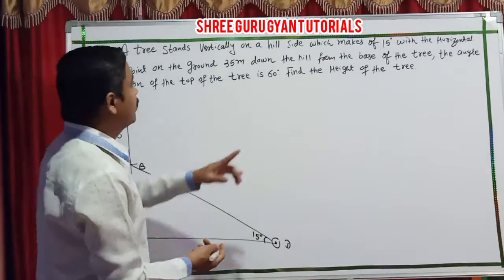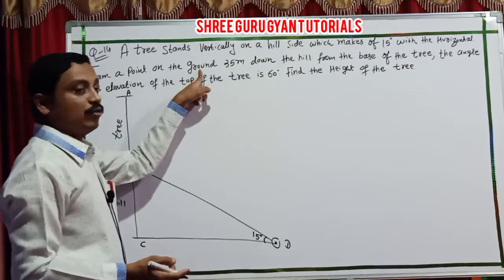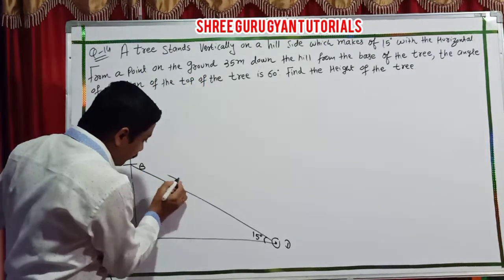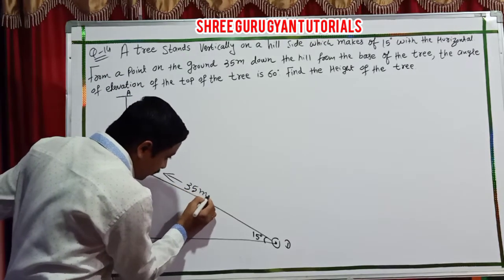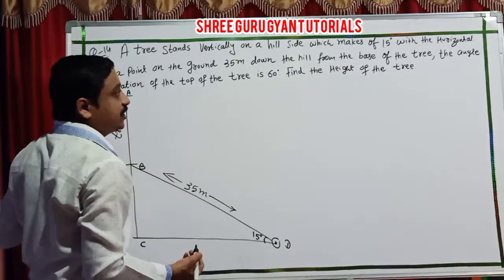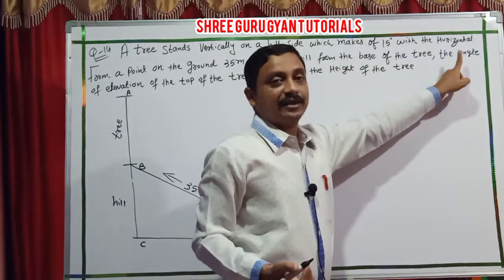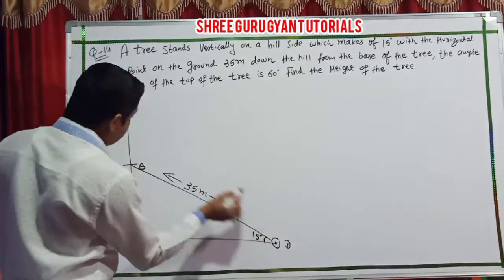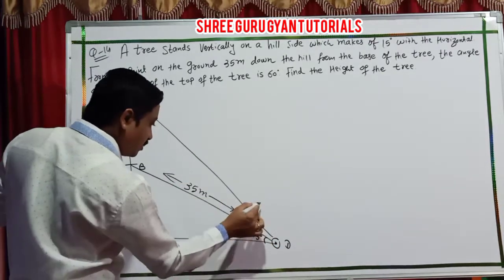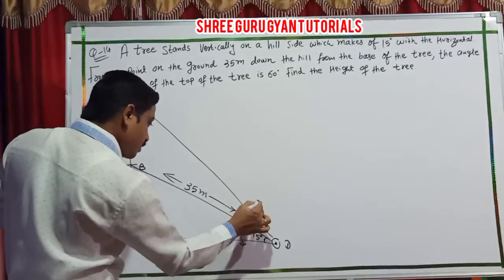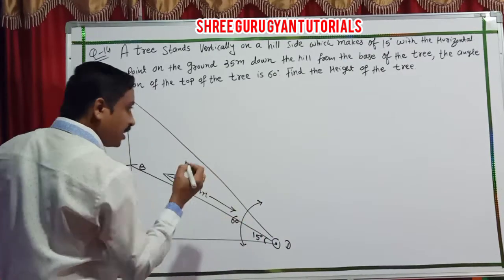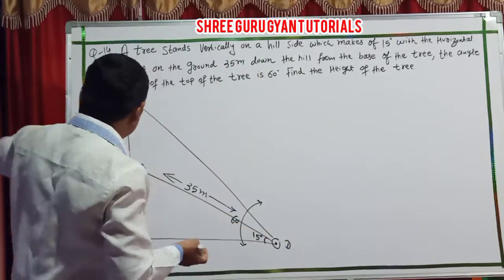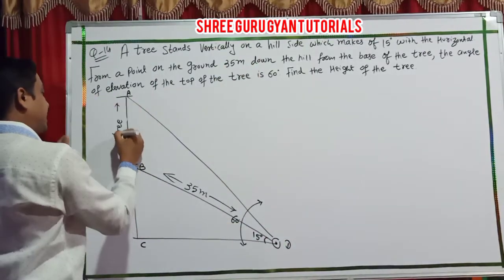And the other, the point on the ground from the base of the tree is 35 meters down, so this 35 meters is given, and that point of observation is D. The angle of elevation of the top of the tree is this one. This is given as 60 degrees in total, and we have to find the height of the tree. So very easy students, the height of the tree is this. I assume that it is h meters.